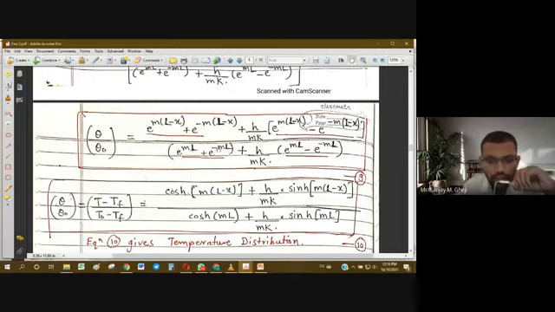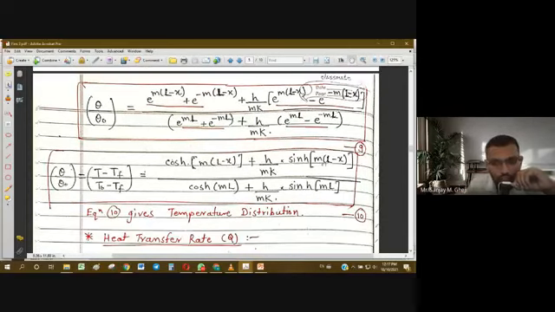The variable in the denominator is ml, while on the numerator we have m into (l minus x). So the same formulation is used: cos hyperbolic ml plus h upon mk into sine hyperbolic ml. Using trigonometry and hyperbolic relations, we have converted this form into hyperbolic functions.